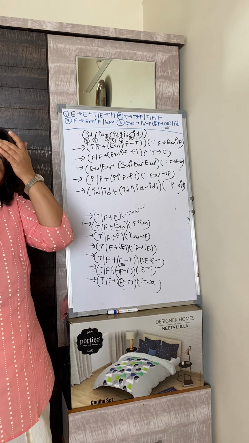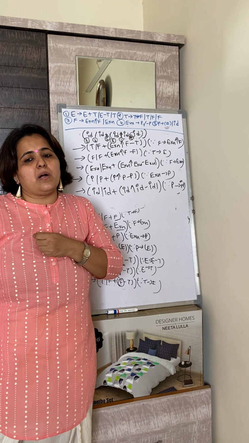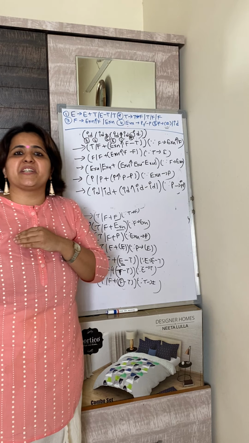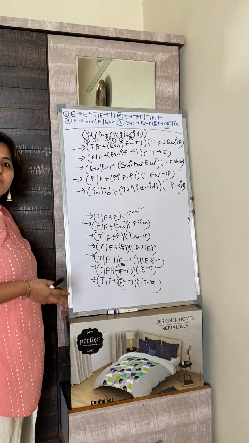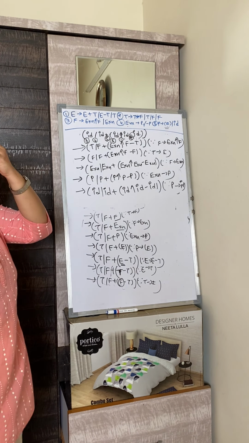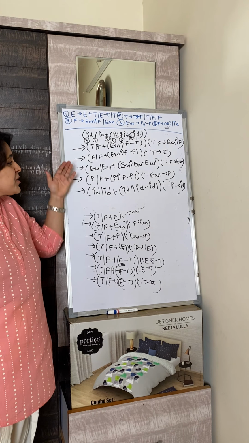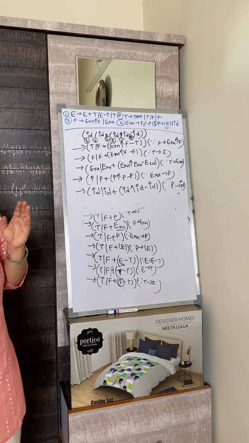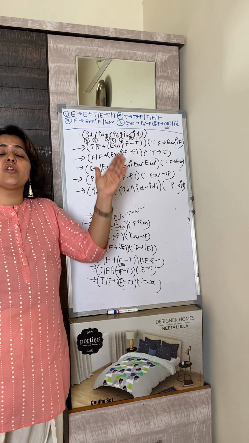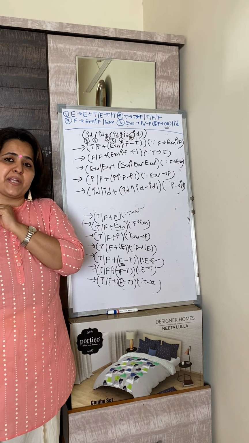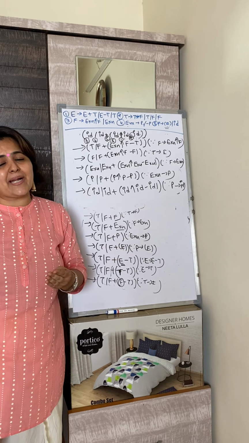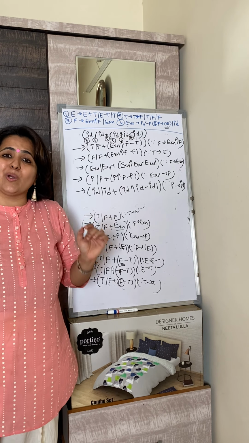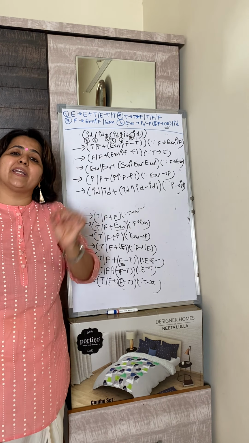Now we need to understand what is the meaning of leftmost derivation and rightmost derivation. So this is how derivation is applied. But mind that this is a generalized derivation, and we haven't considered whether we are applying the leftmost derivation or the rightmost derivation. In actual practice, you have to follow either leftmost derivation or rightmost derivation.